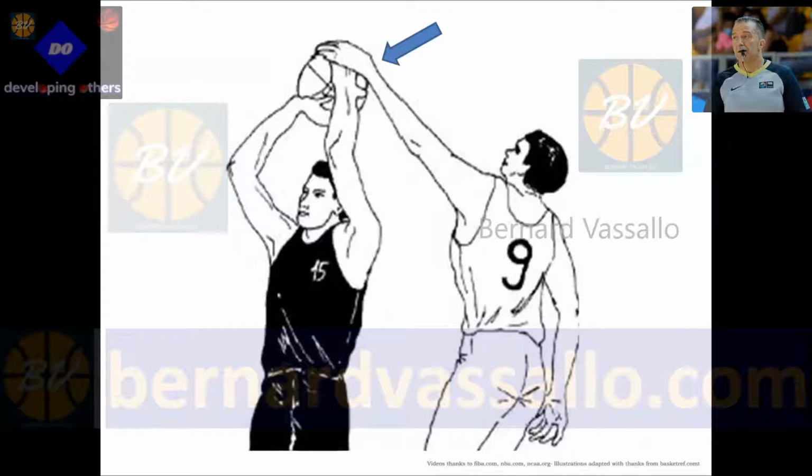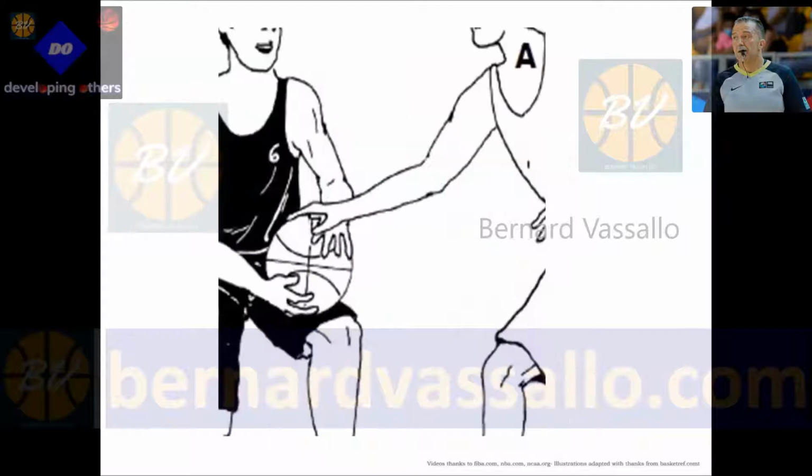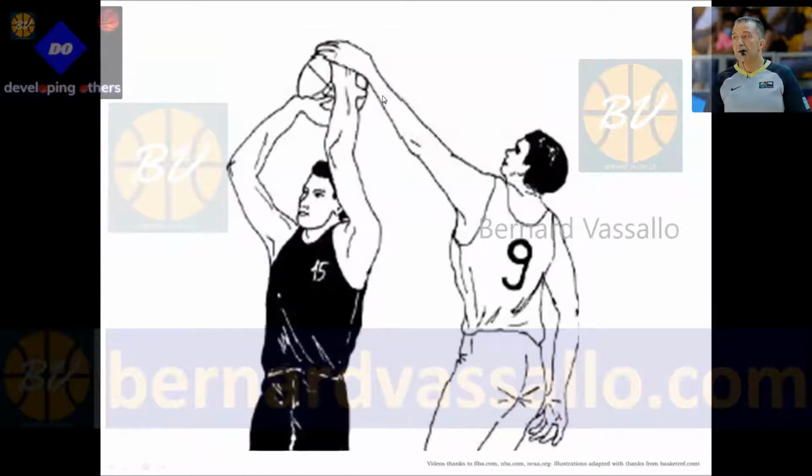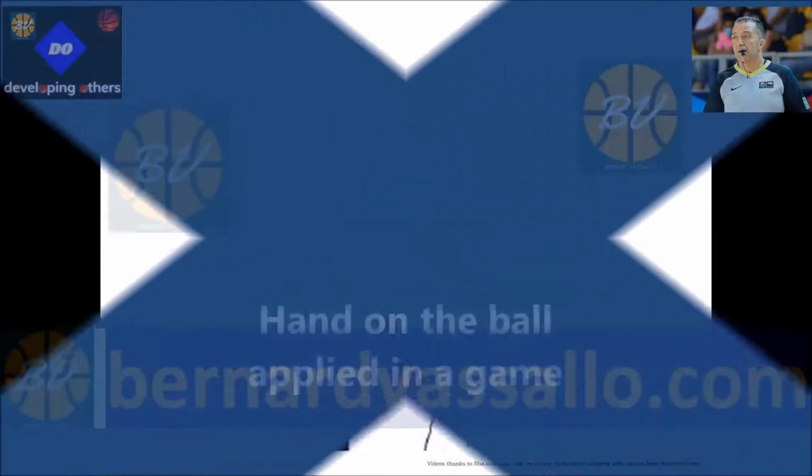But if both in this instance, when the player was trying to tap the ball away, I'm not saying slapping the ball, but tapping the ball away, and in this instance, when the player is trying to block the ball, but not aggressively, okay, not slapping the shooter, but trying to block the ball and accidentally hits the hand of the shooter, that would not be a foul.